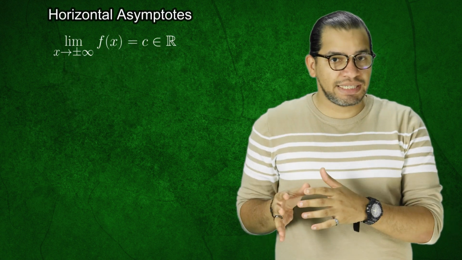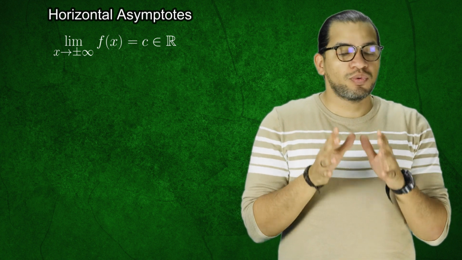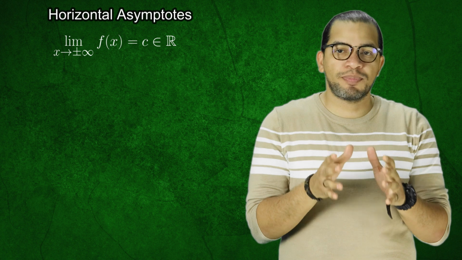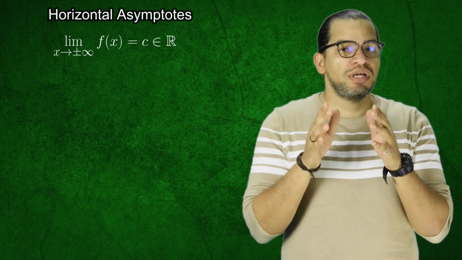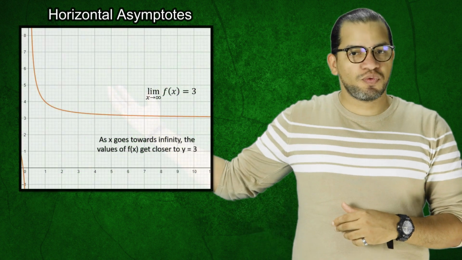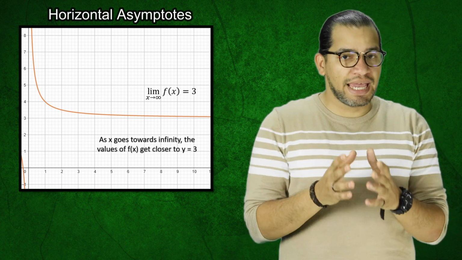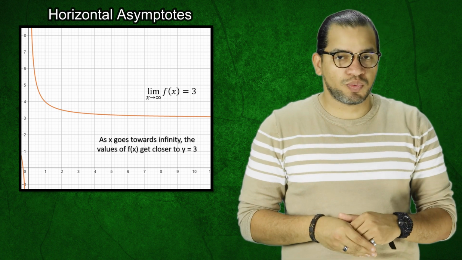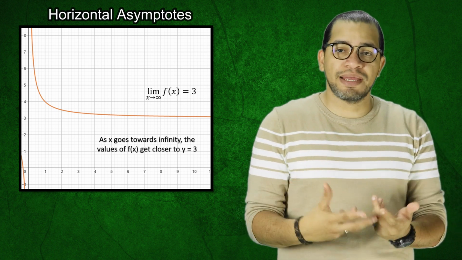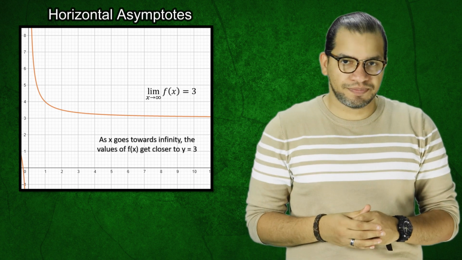Now, if the end behavior of a function exists and is equal to a finite amount, then we say that such a value represents a horizontal asymptote for the function. For example, if we consider this graph, then we can notice that the end behavior as x increases without bound, meaning the limit when x goes to infinity of the function, is equal to 3.